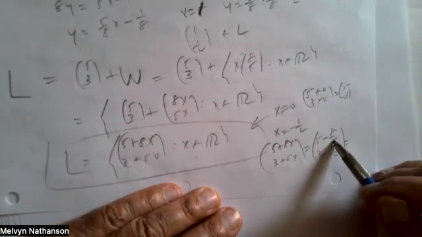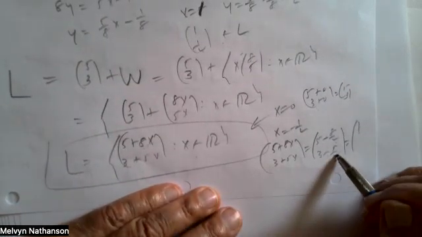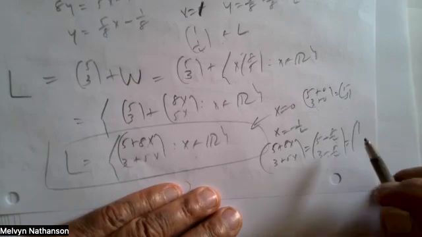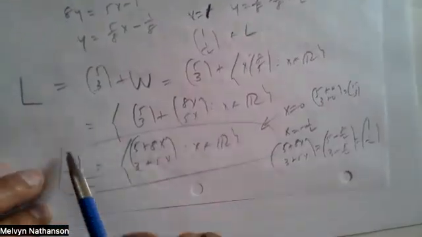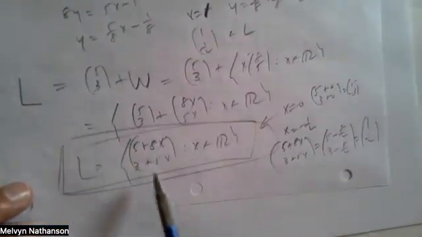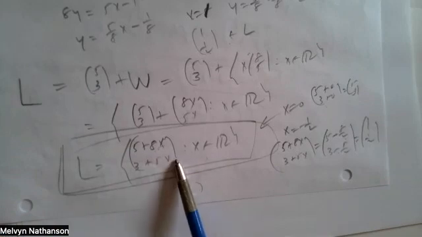This is 5 minus 4, that's 1. 3 minus 2.5 is a half. And I recovered the solution (1, 1/2). So the affine subspace of solutions of the inhomogeneous equation is this.